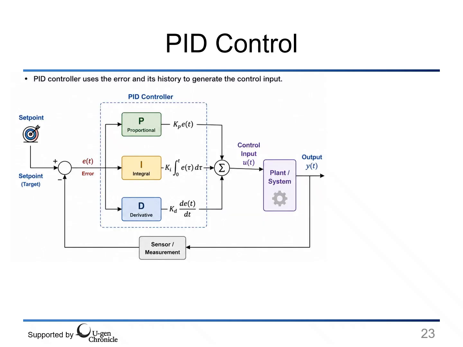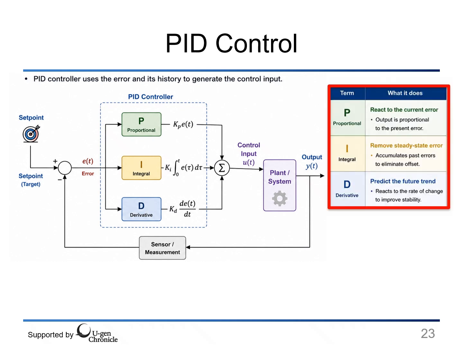Let's start with probably the most famous controller, PID control. PID generates the control input using the current error and its history. It consists of three components. The proportional term reacts to the current error. The integral term accumulates past errors to eliminate steady-state offset.